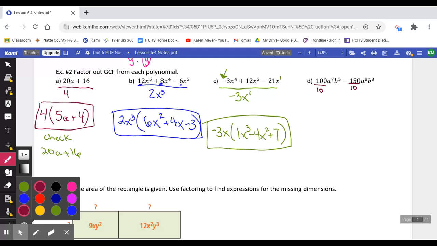100 divided by 10 is 10. 150 divided by 10 is 15. So now I'm looking at 10 and 15, and what goes into 10 and 15? Oh, well, both of those numbers are divisible by 5. 10 divided by 5 is 2. 15 divided by 5 is 3.